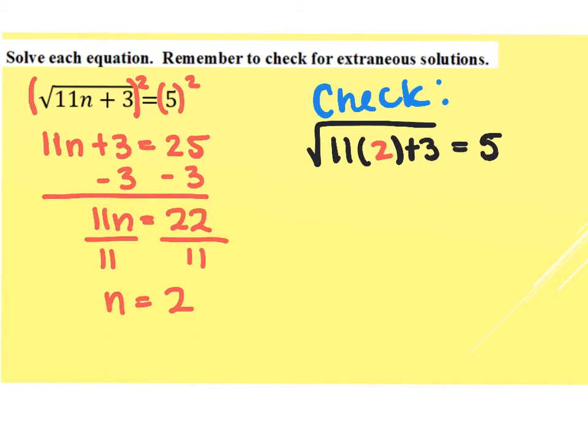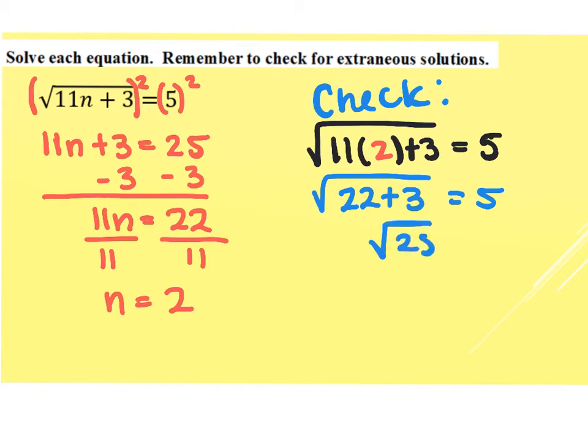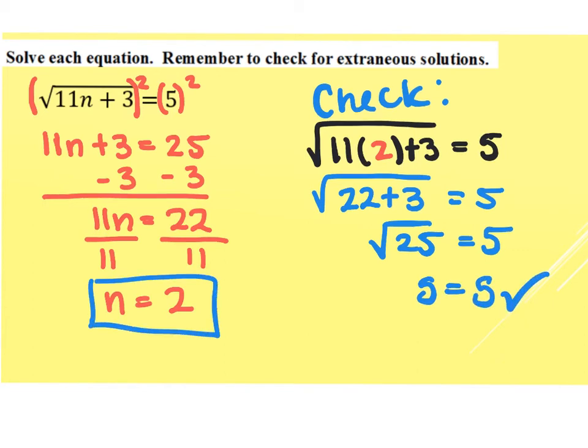Now, if we evaluate, 11 times 2 gives you 22 plus 3 equals 5. 22 plus 3 gives you 25, and the square root of 25 is equal to 5. Since that is true, we know that the solution is n equals 2.